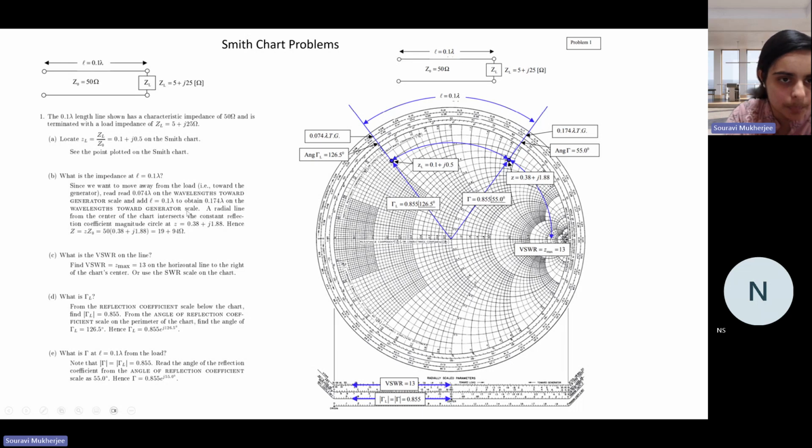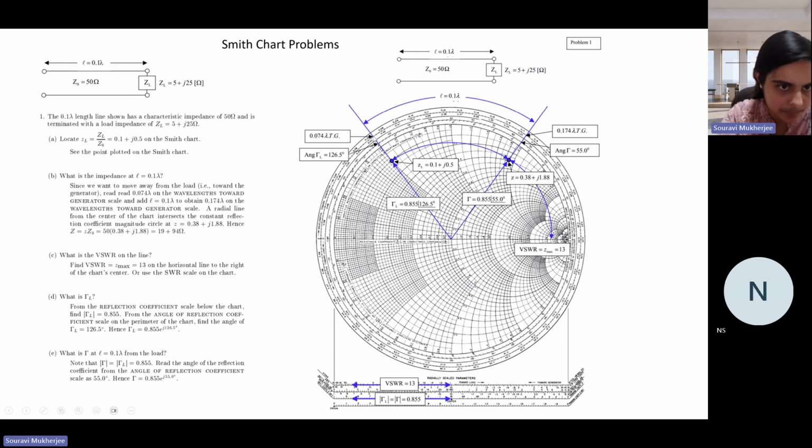This tells you the distance where you are from the generator, and we know that this is the location of your load. So you want to find that angle, sorry, some distance that corresponds to this position.